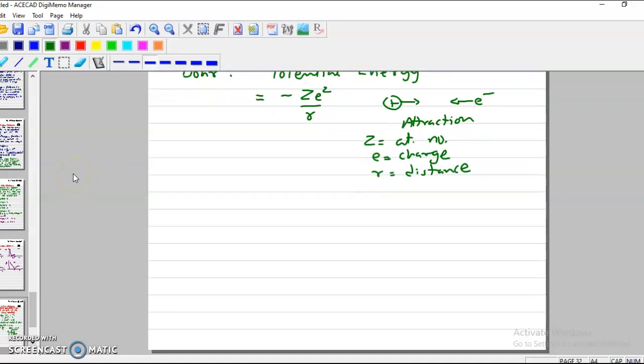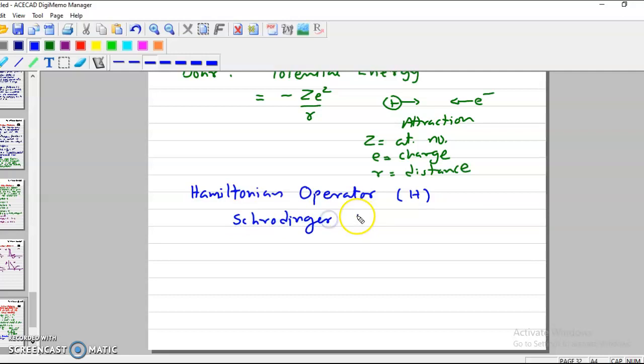Now, let us see Hamiltonian operator. So Hamiltonian operator symbol is H, and Schrodinger's wave equation will be H psi is equal to E psi.